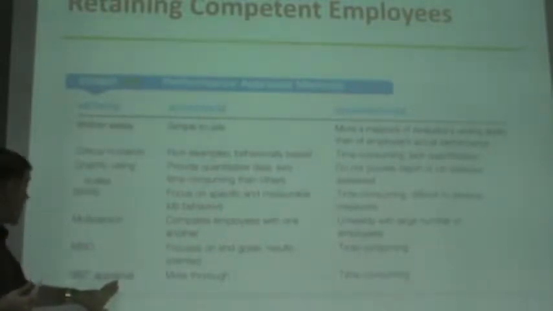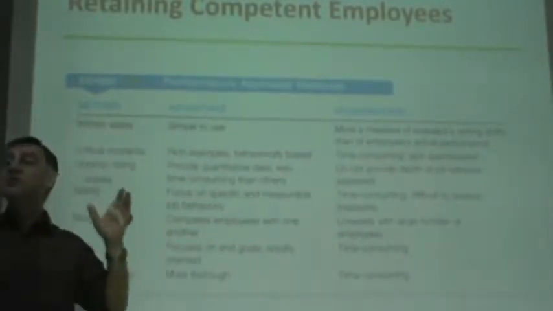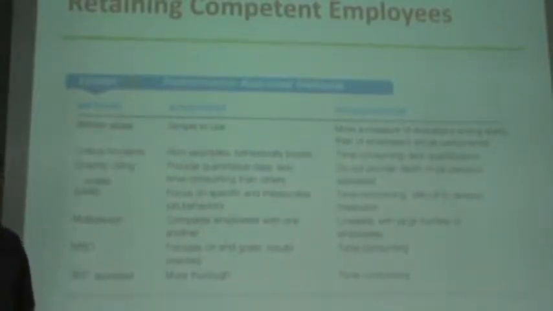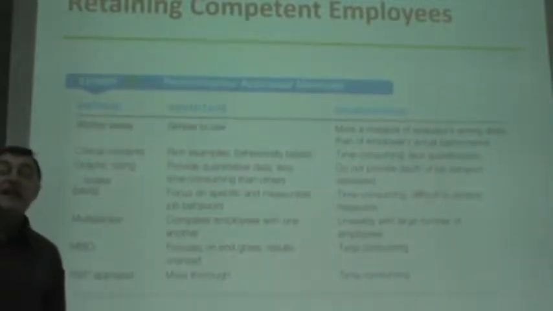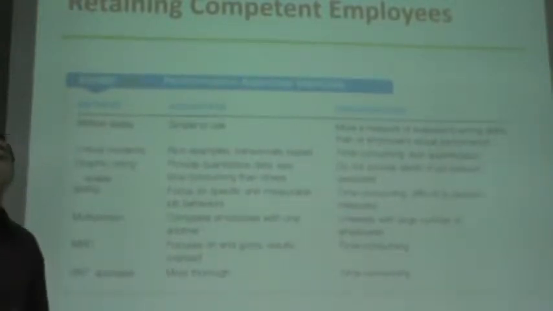You have also what's called 360-degree appraisal. This is the most comprehensive. This is the most thorough. You investigate every part of the behavior of the employee. You investigate their attitude, their opinion, whether they're learning, whether they're training, whether they're improving.